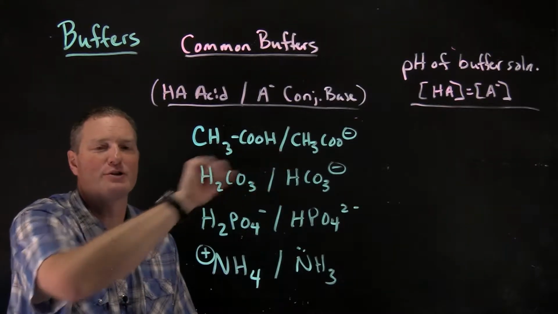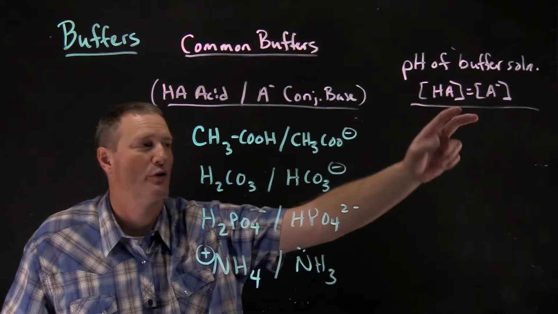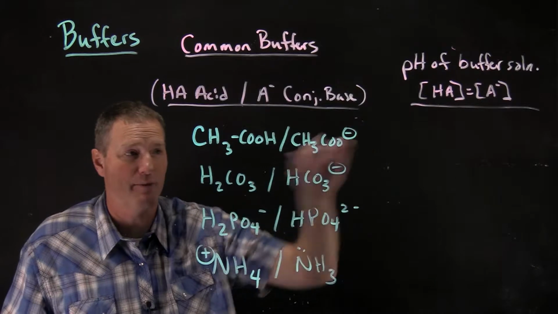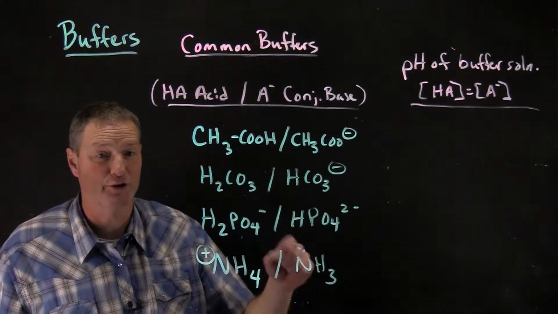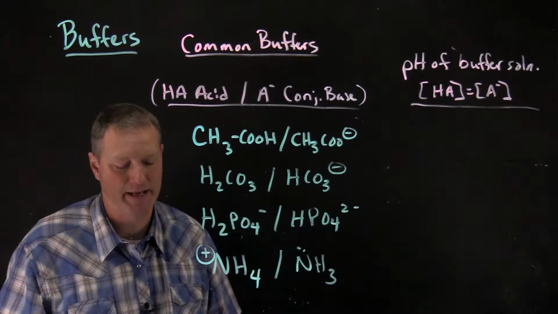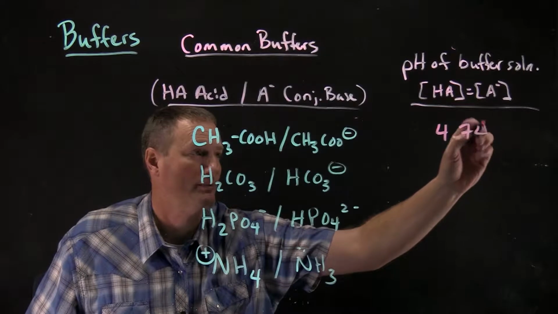Now if you mix those two in approximately equal amounts and then measure the pH, over in this column I'm going to list what the pH would come out to be. Well, it turns out it would be 4.74.